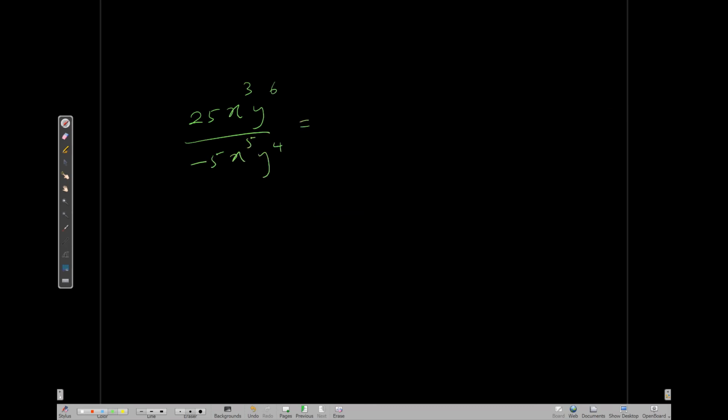Now let's take another example. Again, simplify: 25 x cubed y to the 6th divided by -5 x to the 5th y to the 4th. Now, what you can do here: 25 and -5, so you get -5, right? x cubed and x to the 5th, so x to the 3 minus 5, which is -2. y to the 6th and y to the 4th in the bottom, so 6 minus 4, 2.